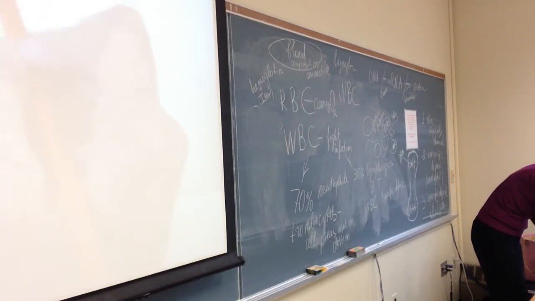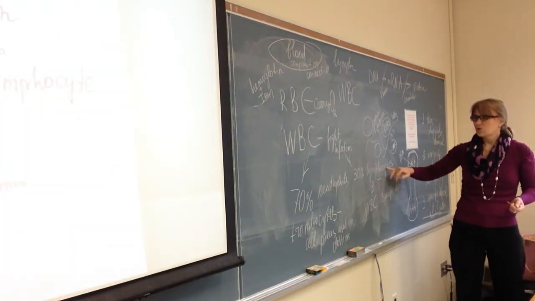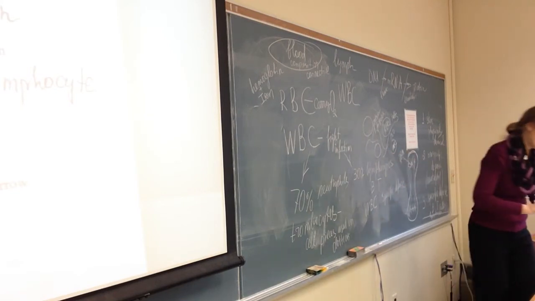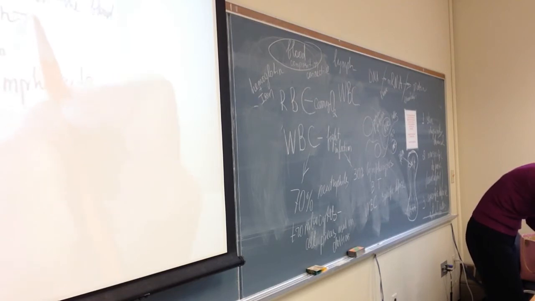Antigen, foreign substance to the body, to our body. Clotting factor, protein in the blood. Fibrin, another protein in the blood.